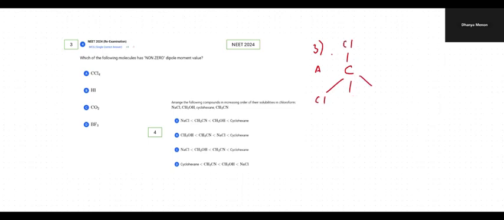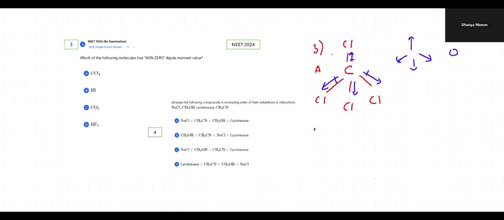Okay, so I draw the dipole from less electronegative to more electronegative. Here they are cancelling. All the dipoles are cancelling, right? You can see all are cancelling, so it has 0. So this is not our option.